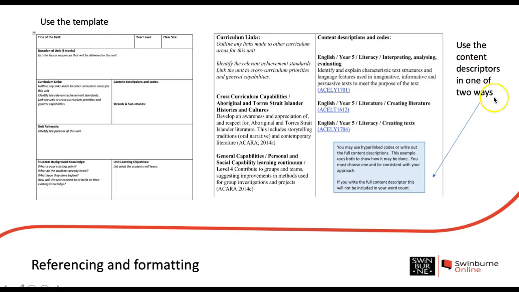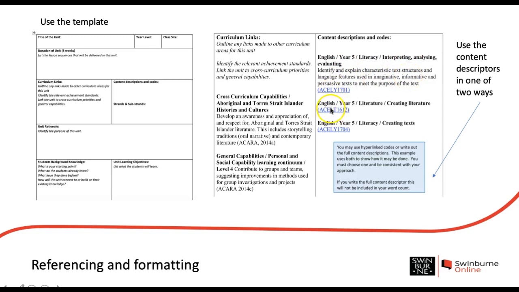Now on this side is something that I'm a little bit pleased about, because in the past this is taken directly from the annotated exemplar, which is now on the Padlet. You'll notice that we've got whole content descriptors listed in there. You still need to write English, Year 5 literacy, interpreting, analysing and evaluating, but you don't need to write out the description below.